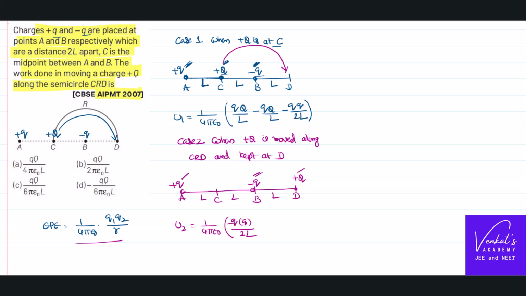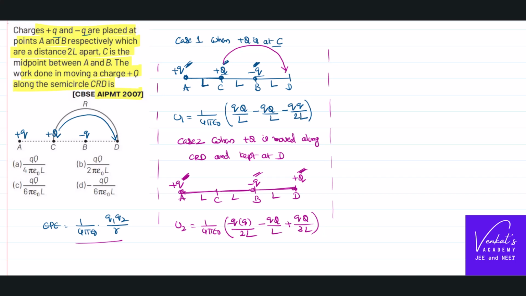Between minus q and capital Q also there is potential energy, minus qQ by L. Between plus q and plus capital Q also there is potential energy, both positive, qQ by the distance between the first and last, L plus L plus L, 3L. That is the second potential energy of the system. What is the work done in this process is the question asked.